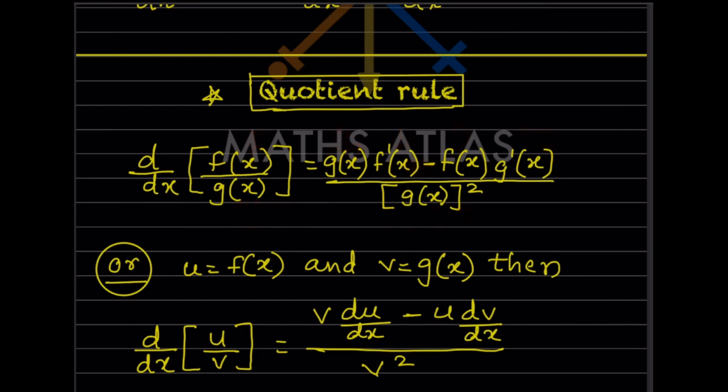Now we can also write this by considering f of x as u and g of x as v. So u divided by v, this is first, this is second. So second into derivative of first minus first into derivative of second divided by second square.